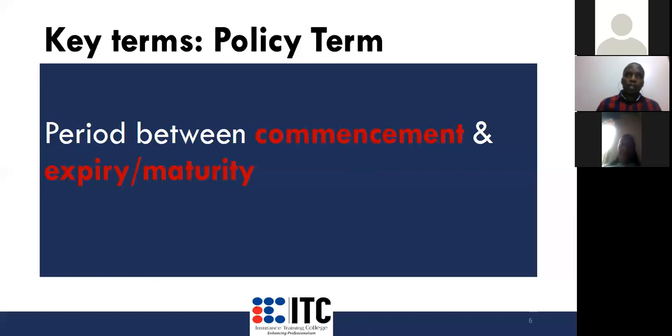So a policy term basically dictates when the policy commences and when it ends. And there are different ways policies end. They may either end by expiring or they end by maturing. So the policy term is that period in between commencement and expiry or maturity.